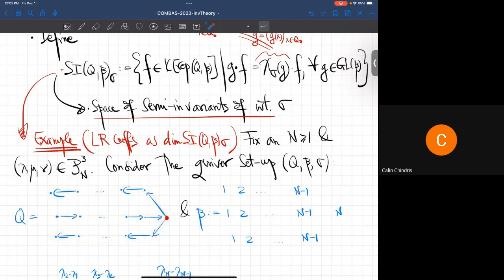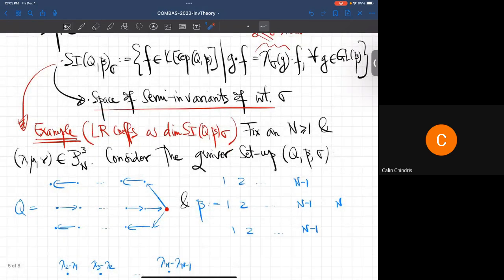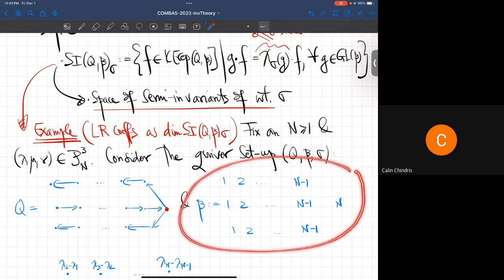By a flag, I mean these equi-oriented type A quivers, and you have exactly n vertices along each flag. The dimension vector is then defined to be 1 through n along each flag. So Q and beta depend only on n.